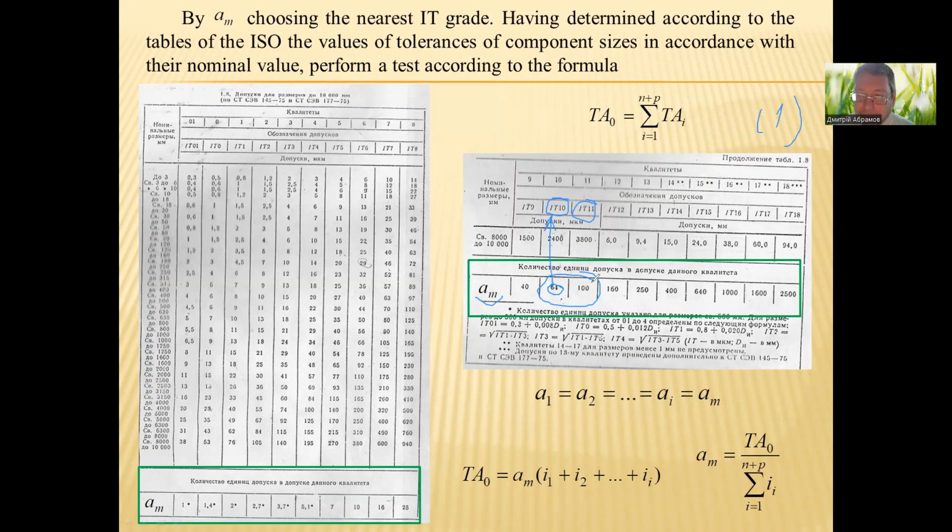If we choose 100, then the IT grade will be equal to IT11. But now we choose the nearest AM, nearest standard AM, 64 for IT grade 10. So we choose IT grade 10.